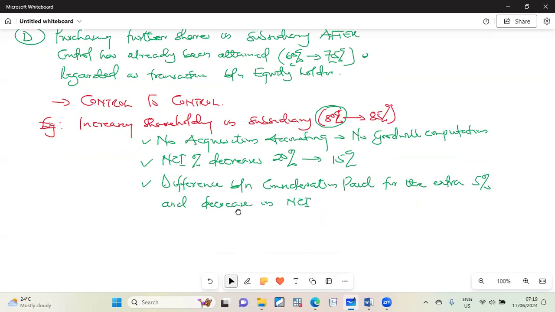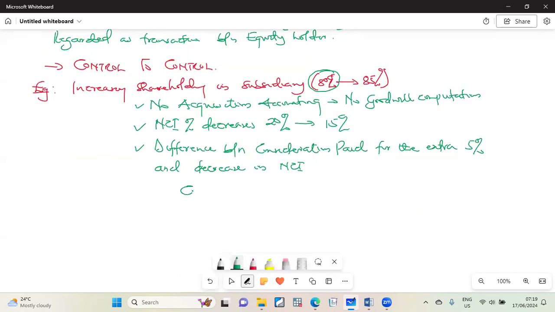So how do we do that? We have the consideration paid, so the cash paid. Let's say you have your cash paid. Then you have your decrease in NCI, and the difference. This will give you a decrease or an increase in what?